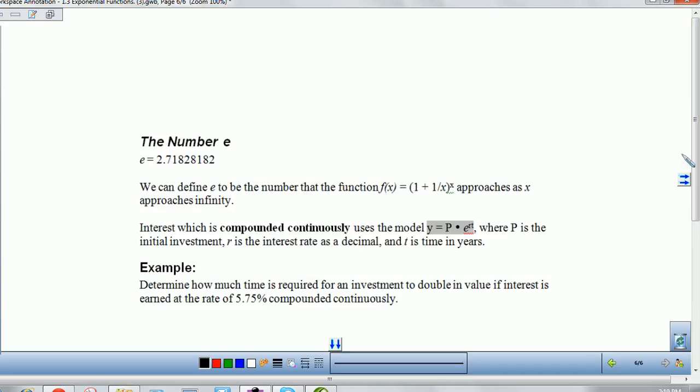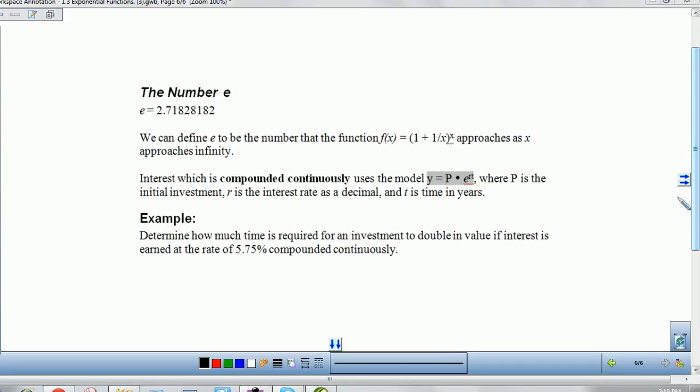And then lastly, let's just take a look at the number e. The number e is really interesting because it is the natural logarithm, in a sense, because remember, ln is just log base e. Okay, and then that equals the natural log of x. Now where does this number e come from?